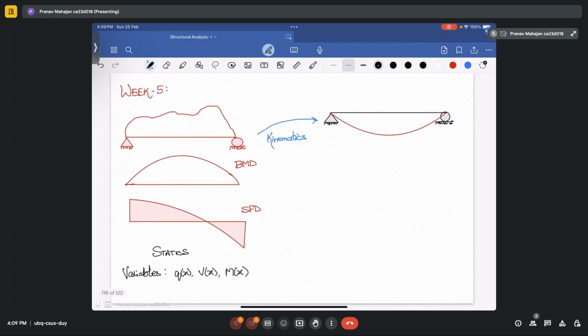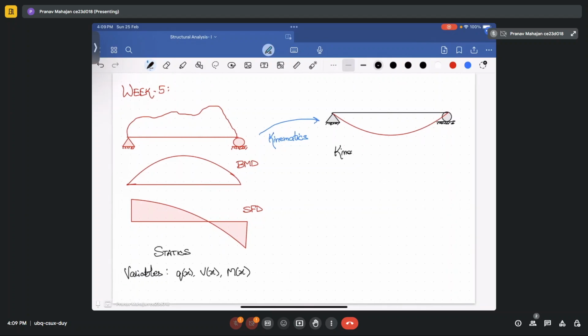In this, the kinematic variables will be your deflection represented by y(x), your slope theta(x), and your curvature. Okay, so these three parameters are there in kinematics.